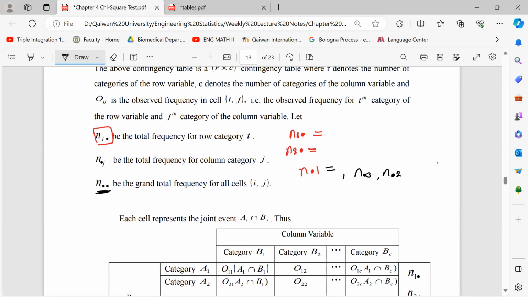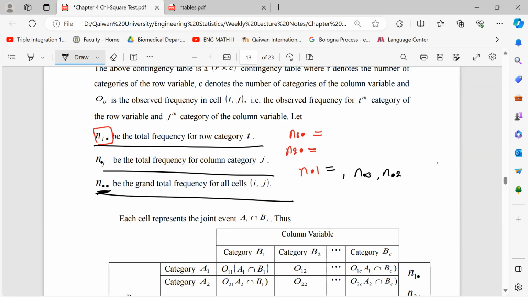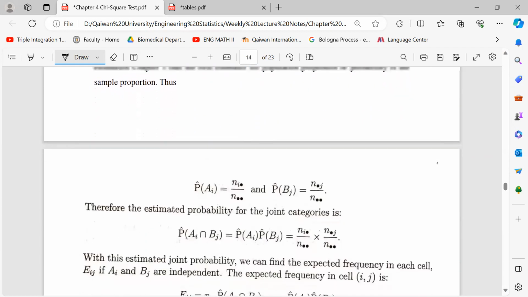Okay, we have n_i dot, n dot j, and n dot dot. You should know what these are. This is the sum of the elements in each row, this is the sum of elements in each column, and this is the sum of elements of the whole table, all the rows and columns.